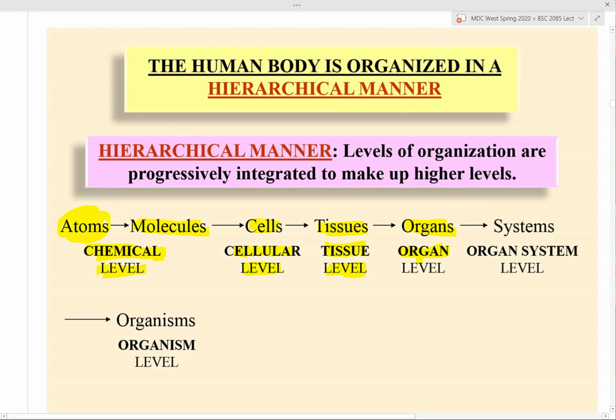And these valves are not made out of muscle. These valves are made out of what? Another type of tissue. What would that be? Well, there is collagen, there's elastic tissue in there, right? So there are different types of connective tissues as well. In this case, an organ is made out of different tissues.